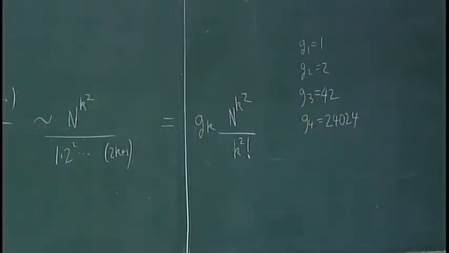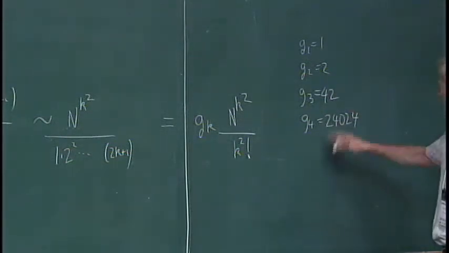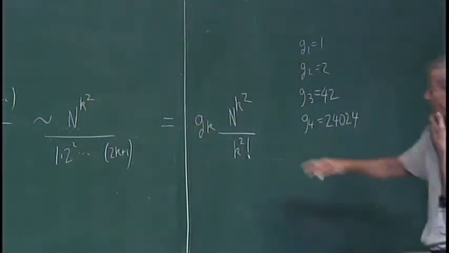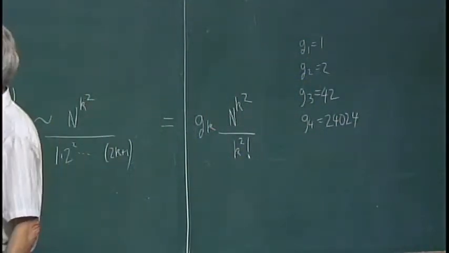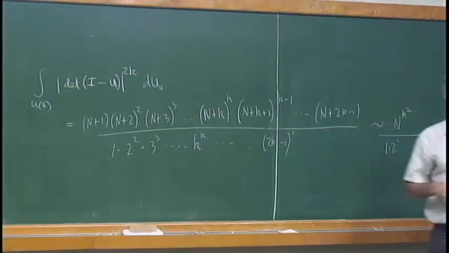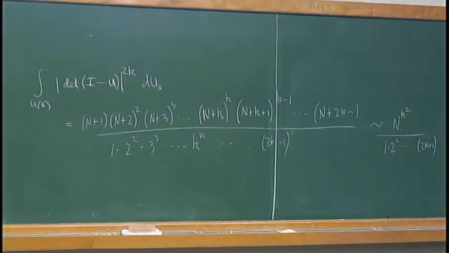And they conjectured that, in fact, these are the right g's for any k. Now I've written the formula in a way that requires k to be an integer, but they really did it for real or even complex values of k.